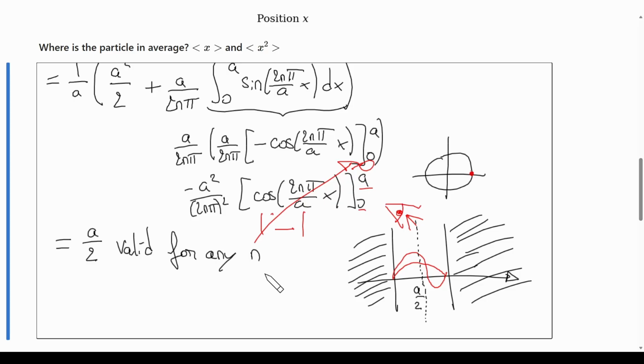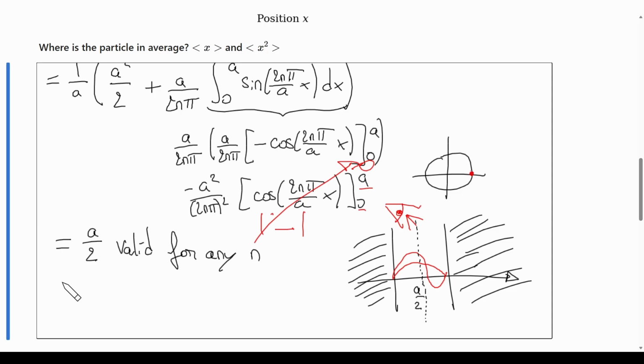So all the eigenfunctions of the quantum particle in average are centered at a over 2.